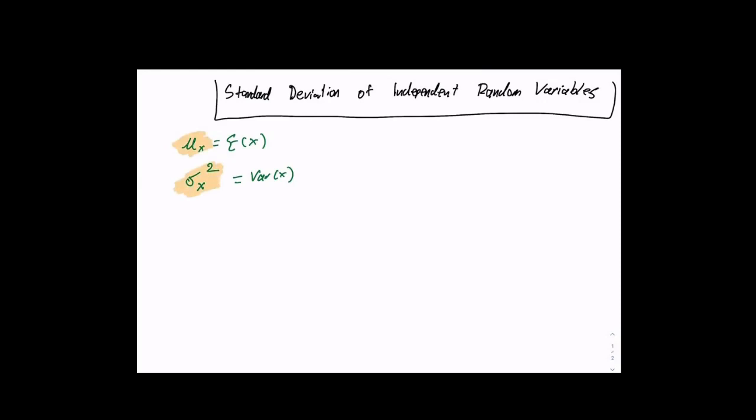The idea here, though, is how do we work with them? And the standard deviation is something that's very, very important. As such, the standard deviation of x is the square root of the variance of x.